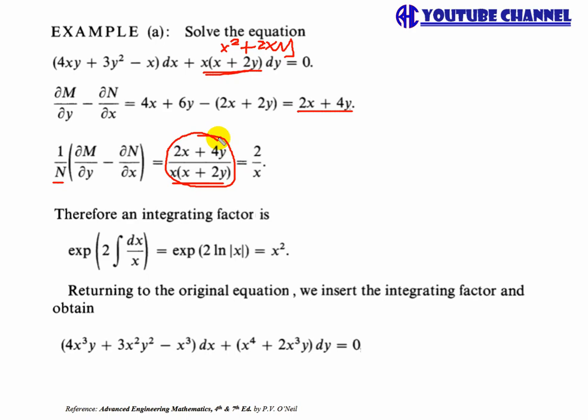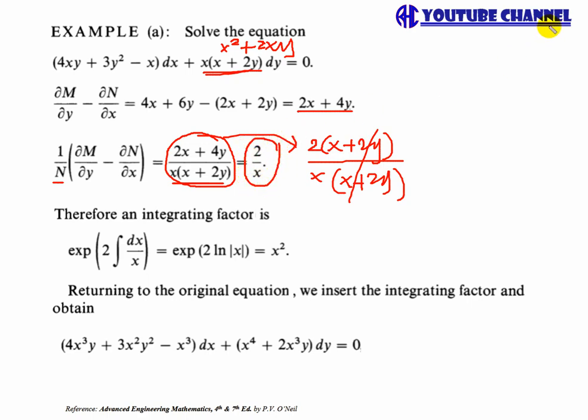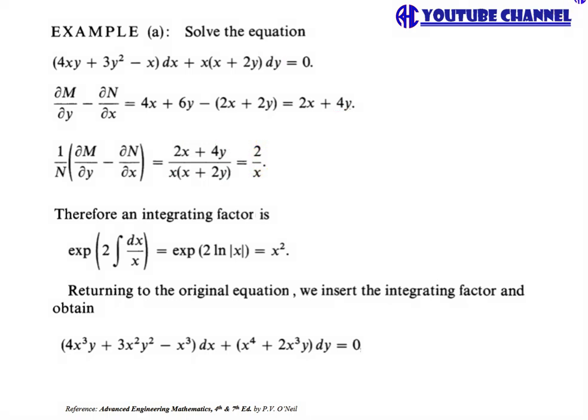Kung makikita natin yan, pwede natin sabihin, magiging 2x plus 4y over x times x plus 2y. So, yung x plus 2y, cancel out na yan. Kaya yung matitira natin is 2 over x. Ibig sabihin, yung suitable na function na dapat i-divide is the function of N. Kasi kung function of M yung i-divide natin, let's try.